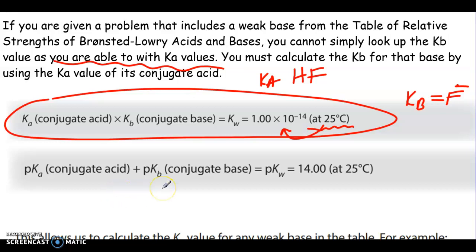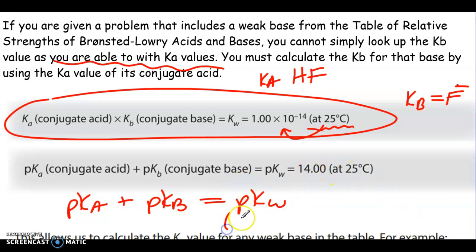Similarly, you can also do it using the p-values. Remember, we have pKa plus pKb is equal to pKw, which is equal to 14. So if you have the Ka value and you do the pKa, if you subtract from 14, you can also get the pKb and then do 10 to the negative of that value.